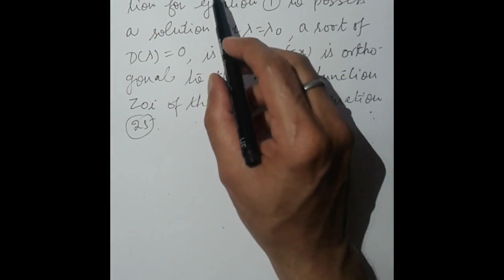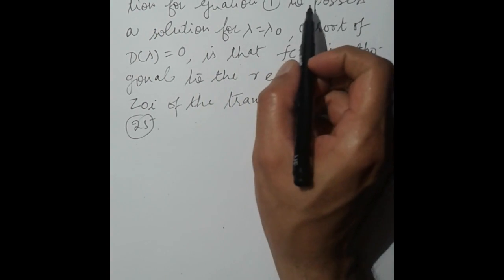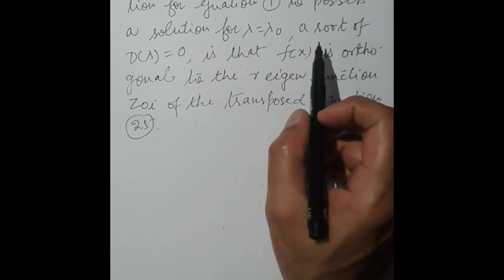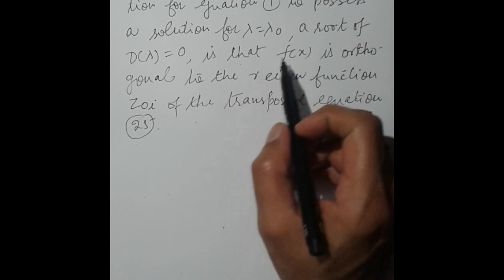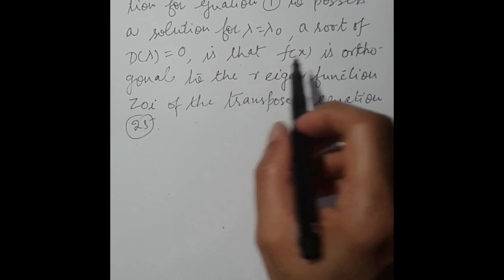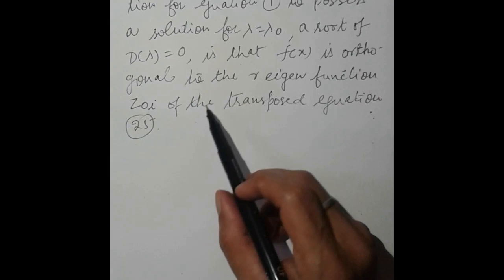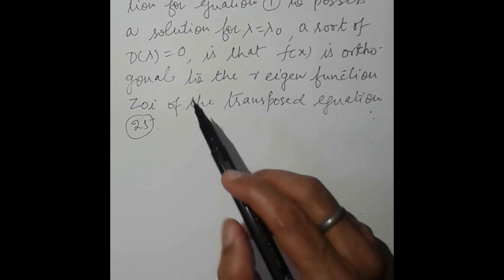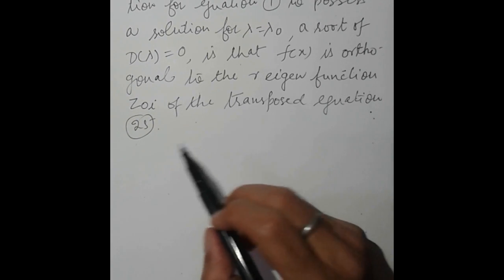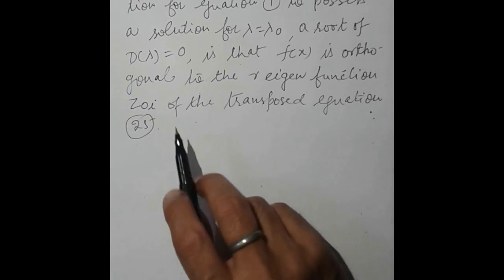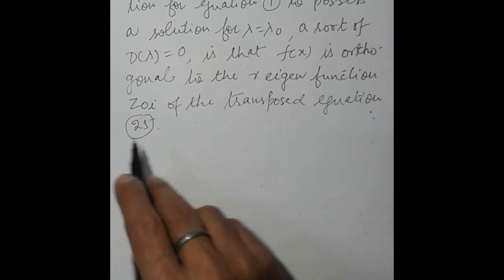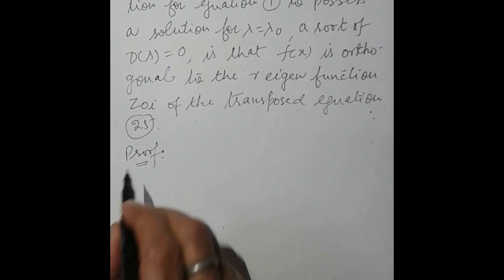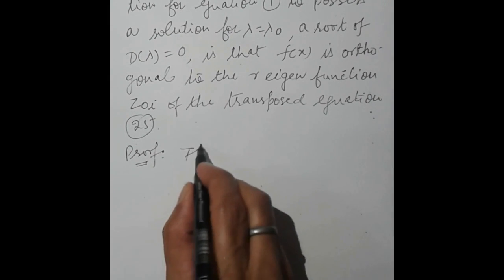Now we shall prove that the necessary and sufficient condition for equation 1 to possess a solution for lambda equal to lambda naught is that f(x) is orthogonal to the eigenfunctions z naught i of the transposed equation 25. Proof. The condition is necessary.